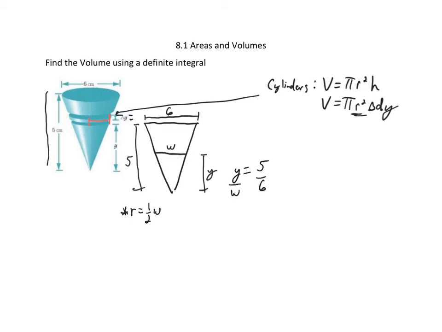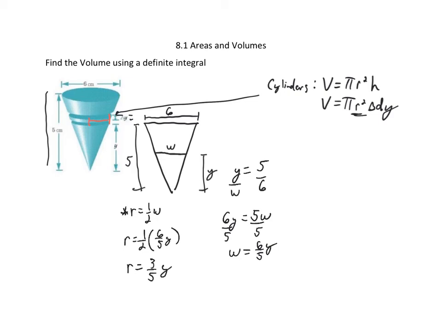So cross multiply. 6y equals 5w. Dividing by 5, W is 6 over 5 y. But we don't want W for our formula for this cylinder. We want R. And R is 1/2 of W. 1/2 of 6 over 5 is 3 over 5.